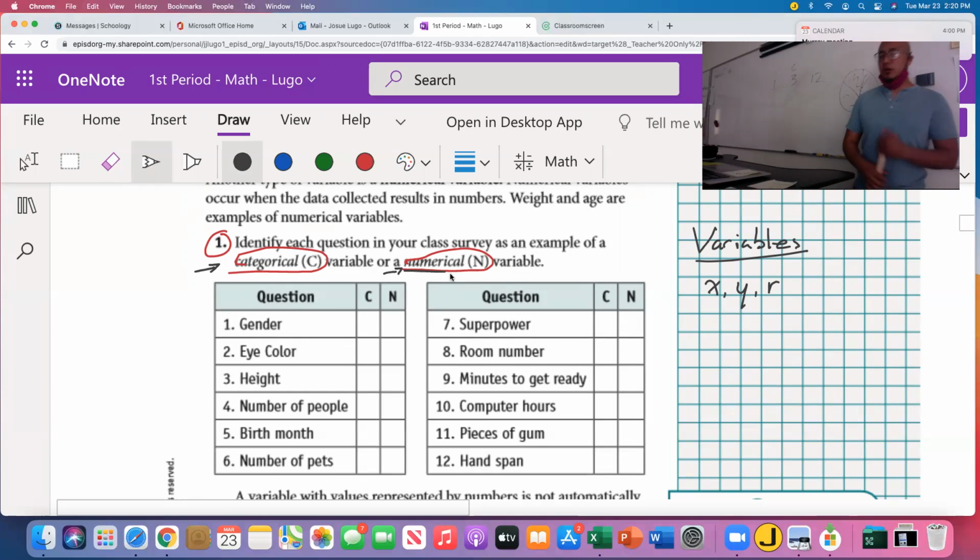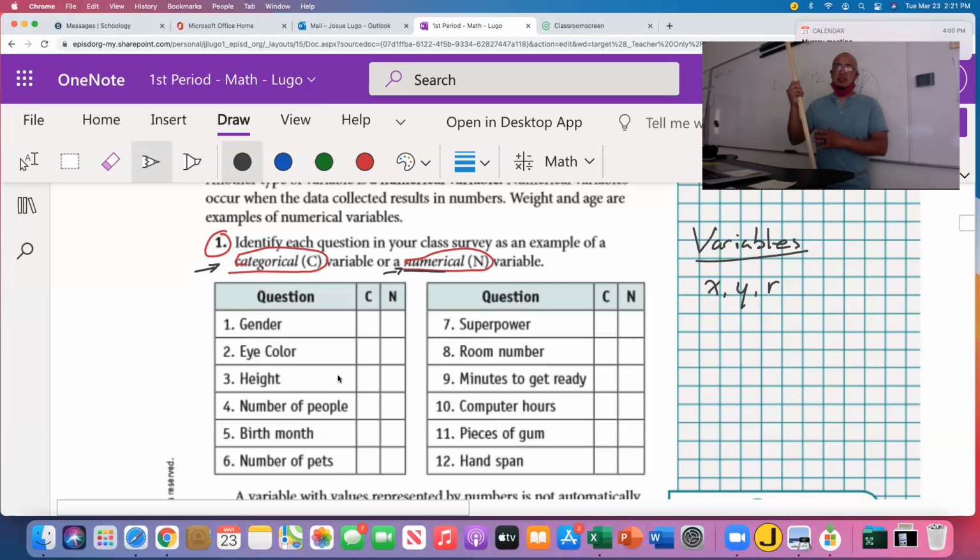And that is because a numerical variable, ladies and gentlemen, is a variable where the number makes a difference. Think of things that we measure, things that we count, things that we weigh, where the number makes a difference. For example, height. I measure 67 inches. Let's say that somebody measures 68 inches, so slightly taller.